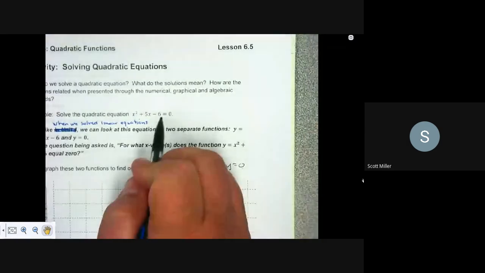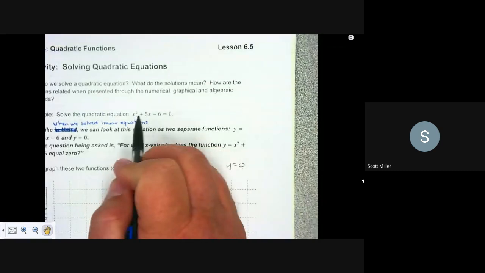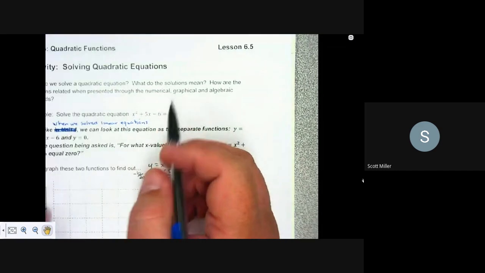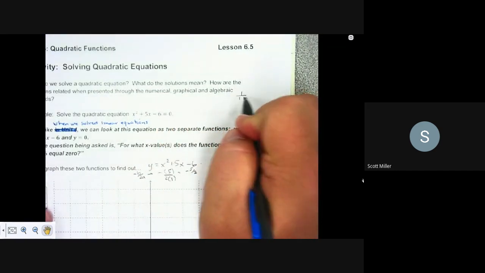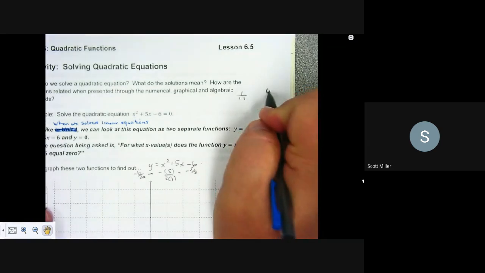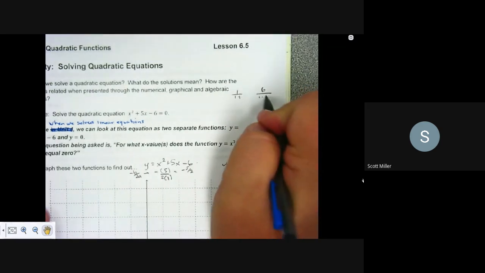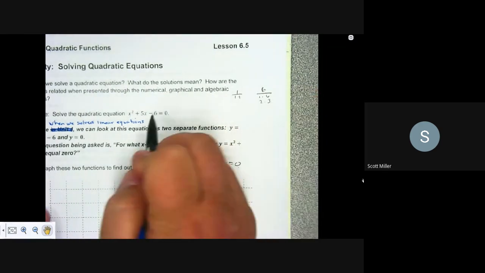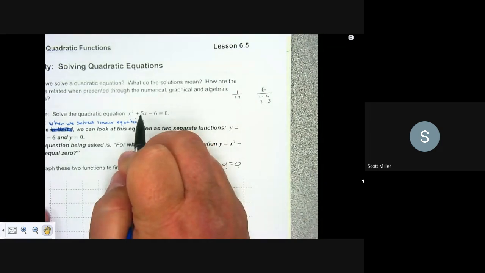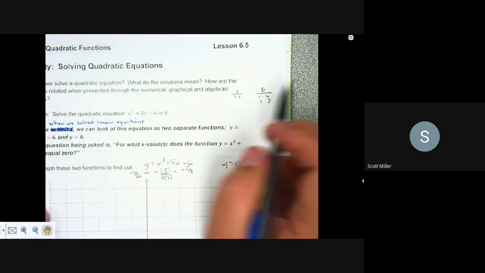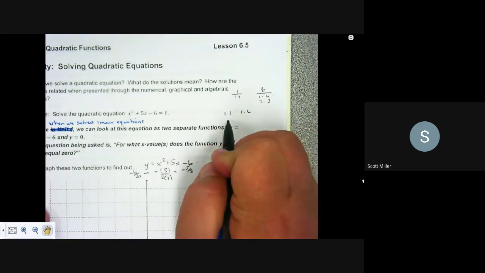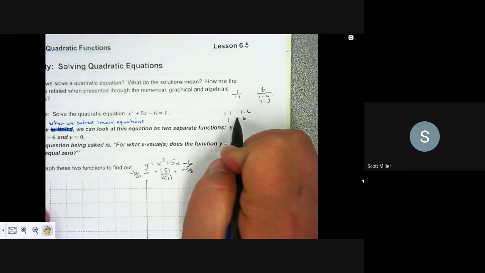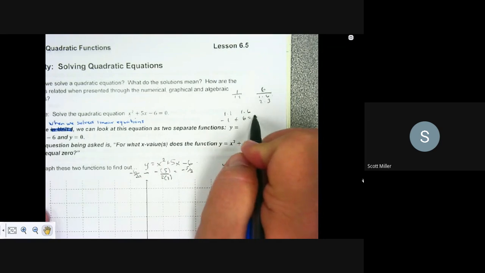If I take this thing right here, make sure it's equal to 0 first, and I factor this, okay, then I take the factors of 1, the factors of 6, and 6, 2 times 3, and I'm looking for factors that will subtract and give me a 5, so I'm going to go with those right there. So a 1 times 1, and a 1 times 6, 1, 6, and if I make that a plus and then a minus, then I get a positive 5.